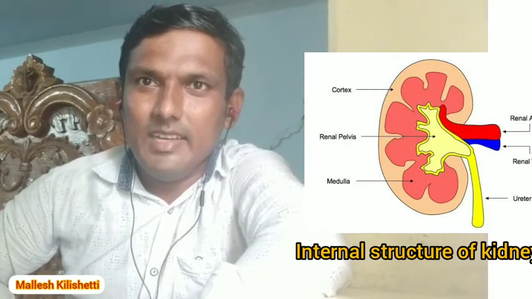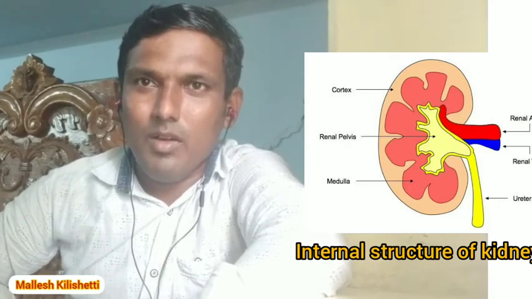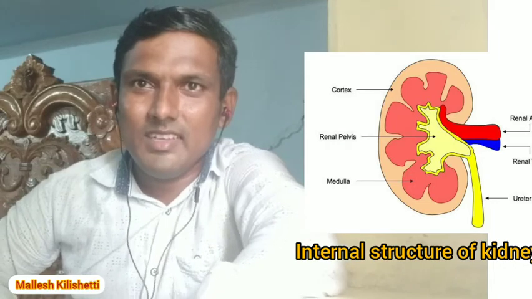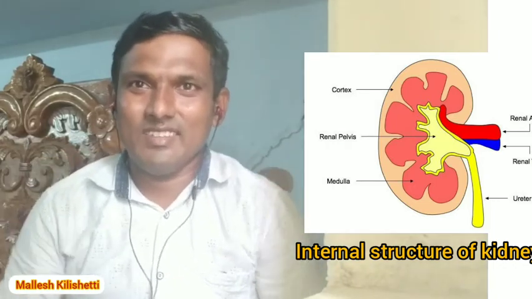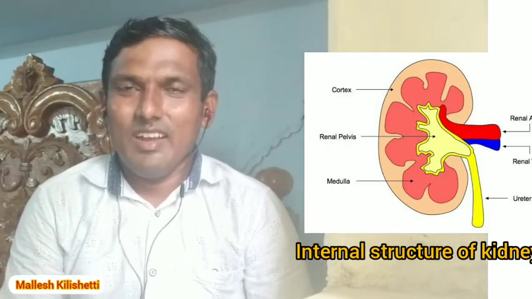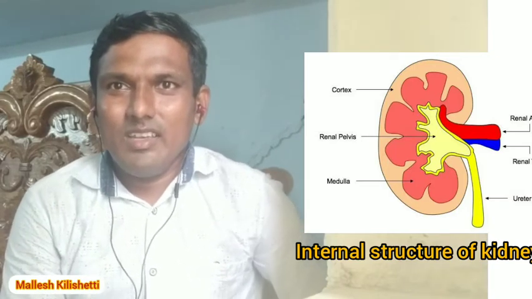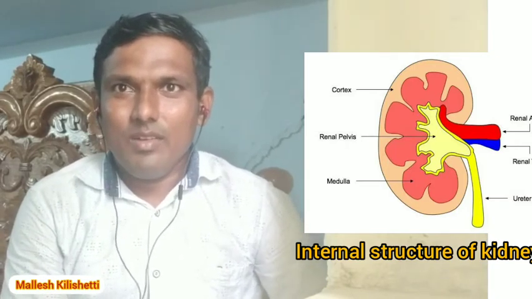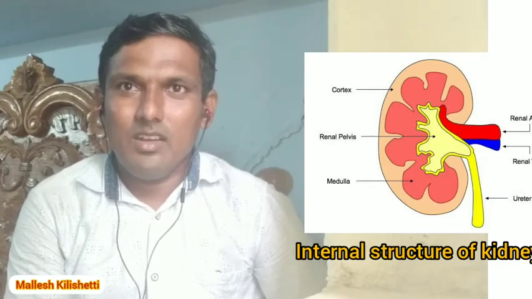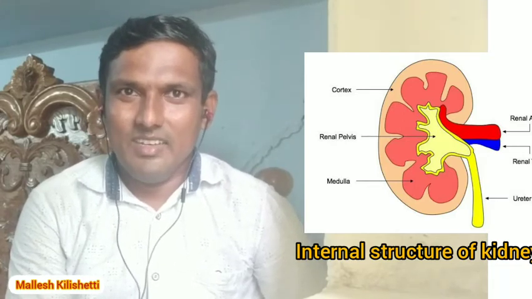Inside the kidney there are about 1.3 to 1.8 million nephrons. That is why the nephron is called the structural and functional unit of the kidney.